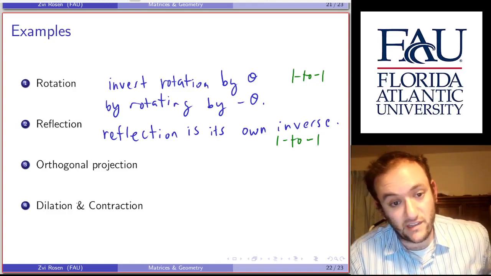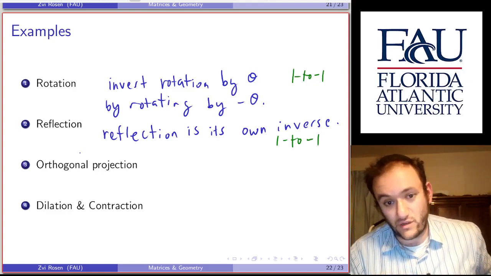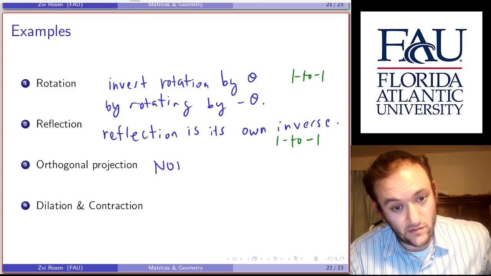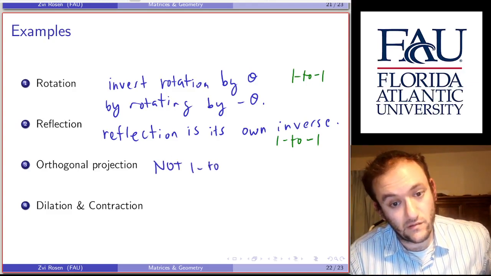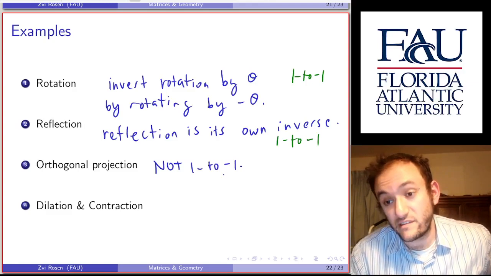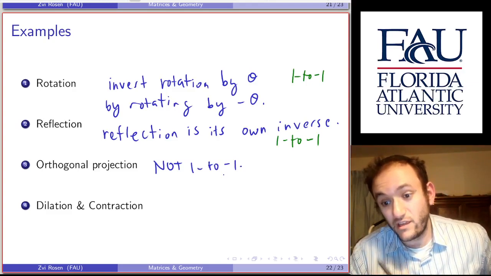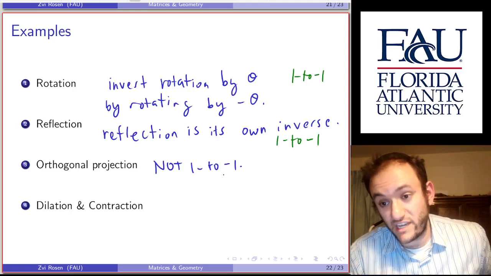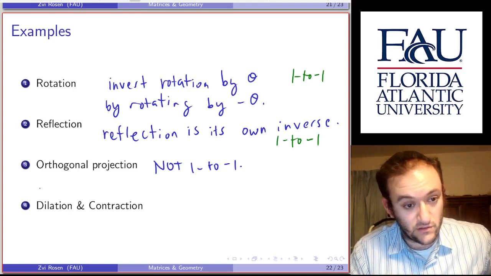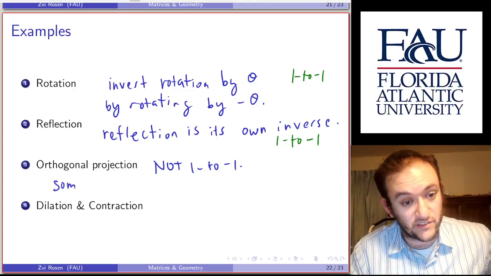Orthogonal projection is in general not 1-to-1, because you have a bunch of things mapping to 0. Anything orthogonal to the subspace you're projecting onto goes to 0. So some vectors get squashed.